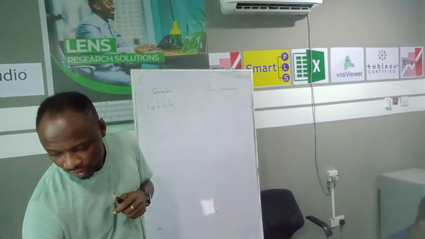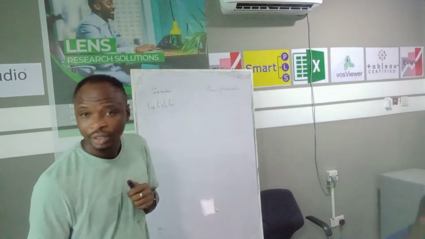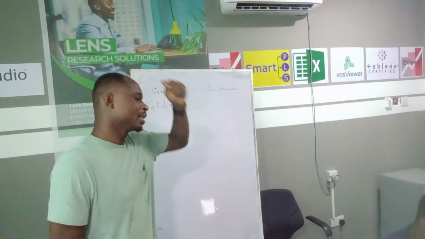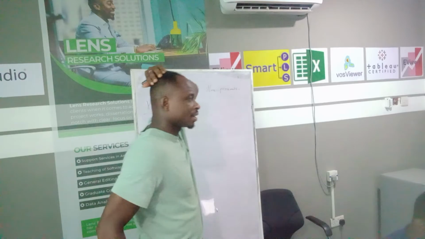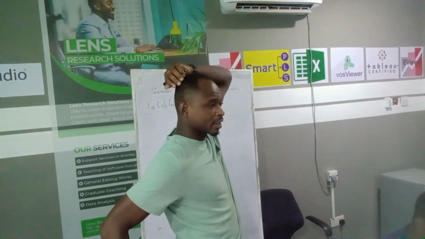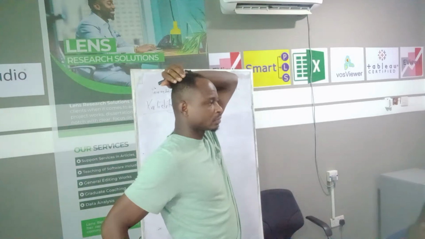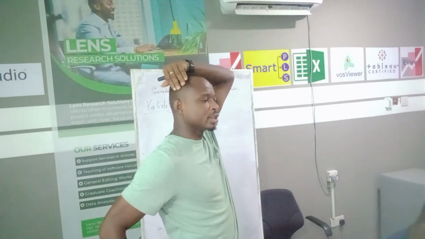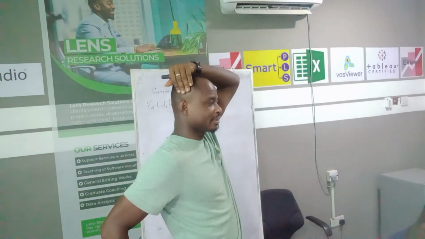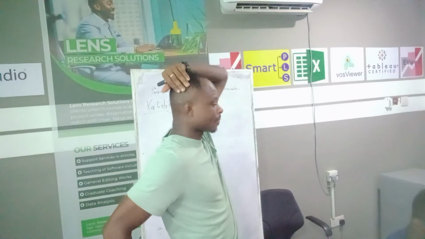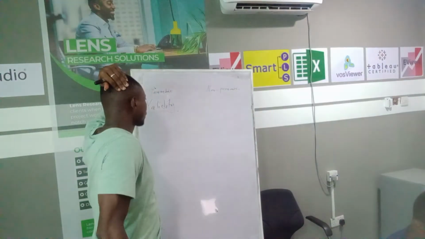Because if you use a questionnaire, for instance, to collect the data, you should be able to validate that the questions or the items that you ask are actually measuring the concepts or the variables that you are interested in. So the first thing that you do is to compute validity.